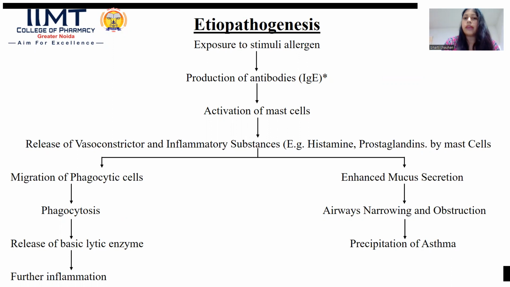What they do is, when an allergen enters your body, they try to engulf it and try to destroy it so it cannot harm our body further. Right. So what is happening is migration of phagocytic cells, and after that the phagocytosis process will occur, releasing basic lytic enzymes that will kill, due to which further inflammation will occur and it worsens the condition.